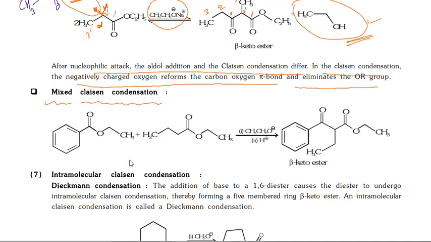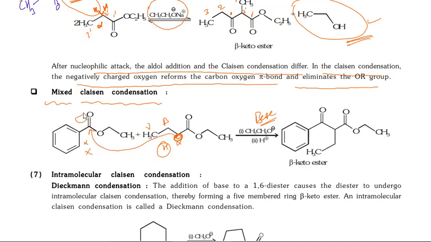Now, which carbanion is forming? Obviously here there is no alpha hydrogen. Here is the alpha carbon, beta carbon, gamma carbon. This hydrogen is leaving due to the strong base, so a carbanion is forming here. This carbanion attacks the carbonyl position.